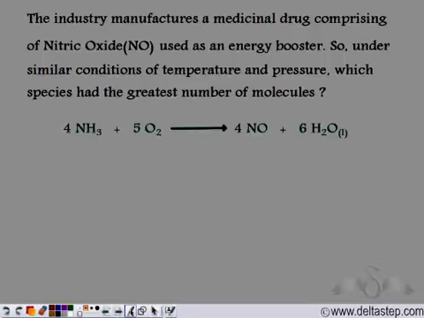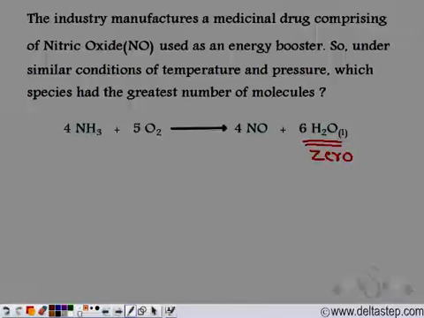Now, first of all, we observe that water is in the liquid state. We know that the volume of solids and liquids is considered to be 0. So the volume of water in this case is considered to be 0. Now we observe that 4 volumes of ammonia react with 5 volumes of oxygen to give 4 volumes of nitric oxide.